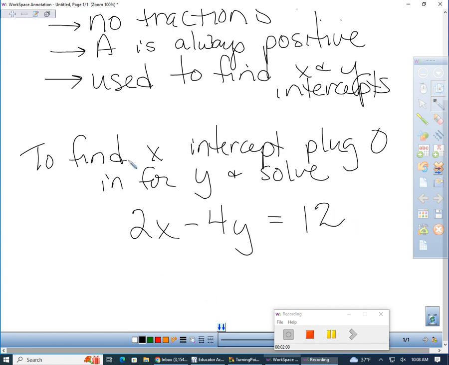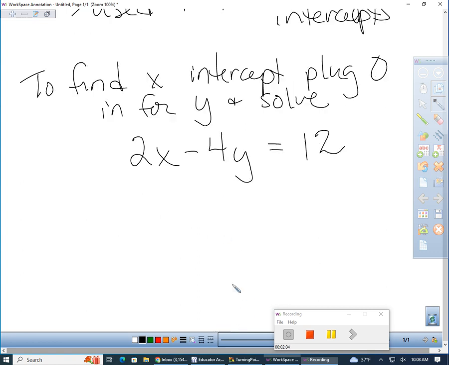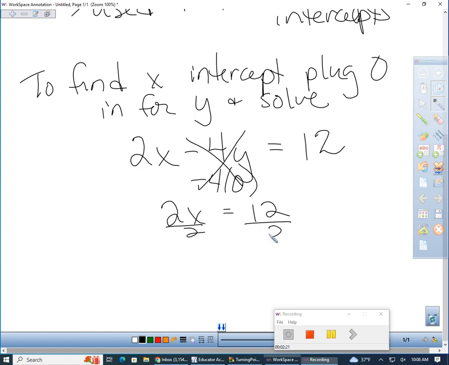If I plug 0 in for y, so I have negative 4 times 0, what happens to this term? What's negative 4 times 0? 0. So that just drops out, doesn't it? And I'm left with 2x equals 12. How do I solve that? Divide by 2, and x would equal 6. Or actually, it's the point 6, 0 on the x-axis.